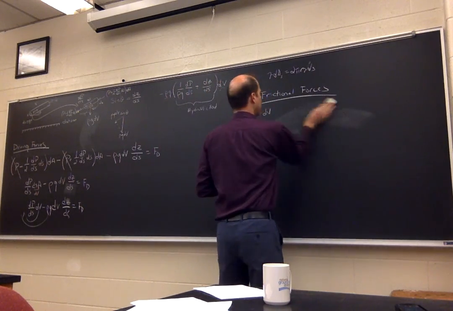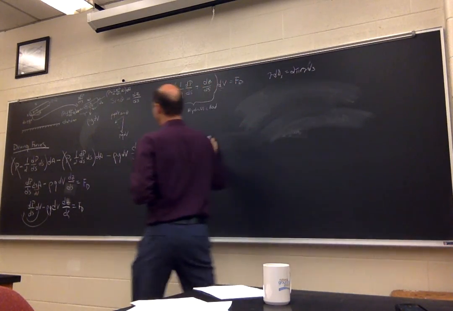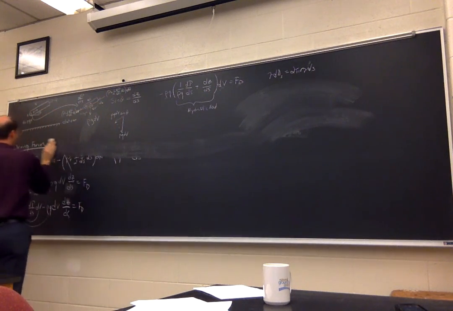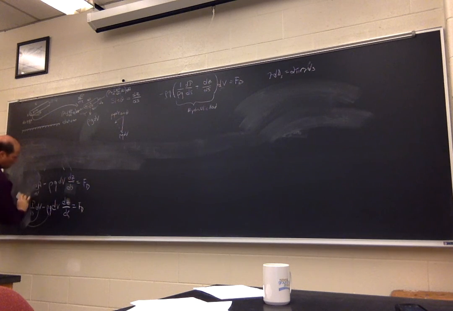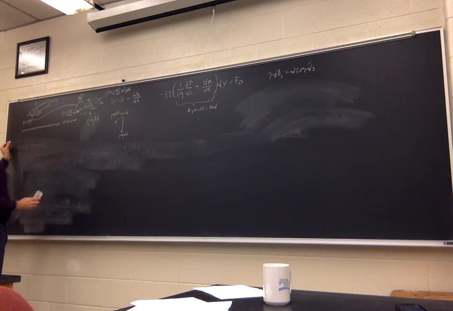I'm going to erase what we've done so far, because now we have our definitions of our driving force and our frictional force. Now we sum the forces so that the sum of all forces must equal 0.